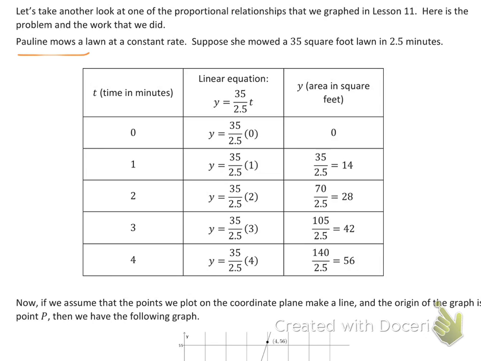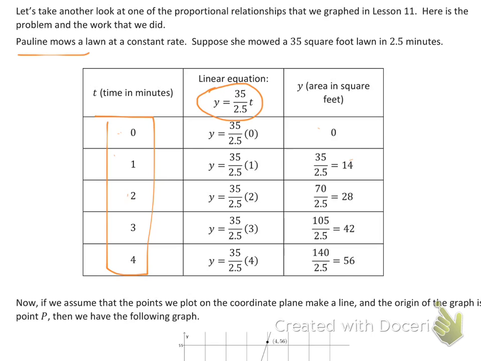Okay, so we wrote for all these different values for minutes, 0 minutes, 1, 2, 3, and 4. We wrote a linear equation based on the fact that she's mowing at a constant rate, and we evaluated it. So for 0 minutes mowing, she mowed 0 square feet. For 1 minute, 14. For 2, 28, and so on.